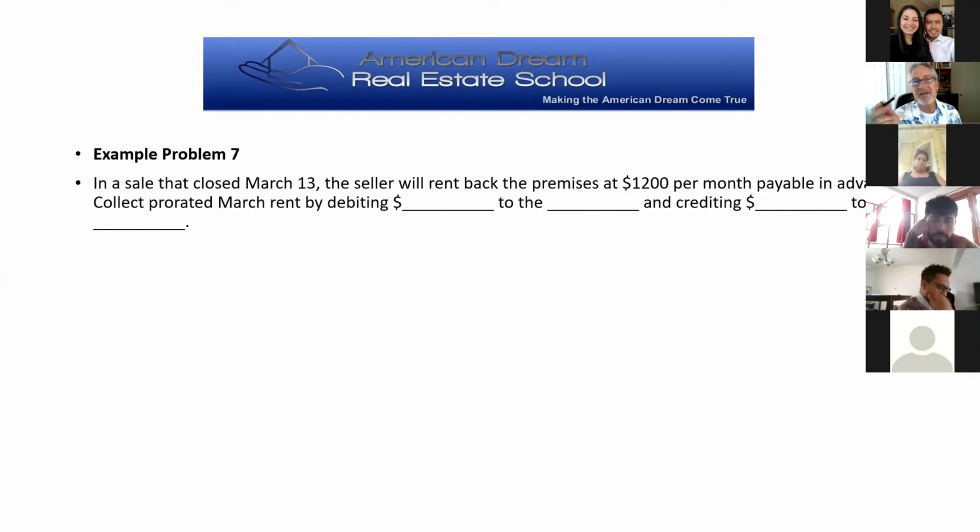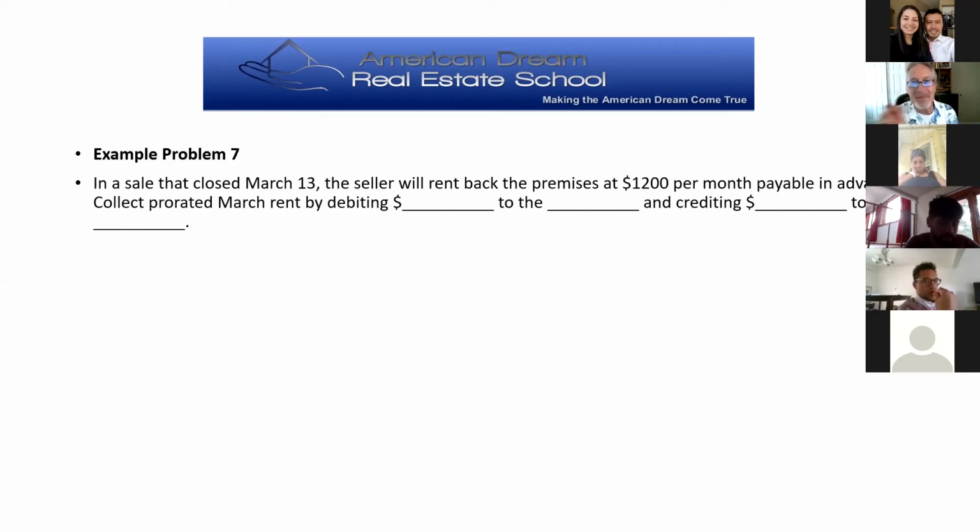What's happening? On a seller rent back, the roles reverse. Seller is now a tenant, and the buyer is now the owner of the property. So am I debiting the seller then? Yes, because now the seller is no longer an owner, he's a renter.